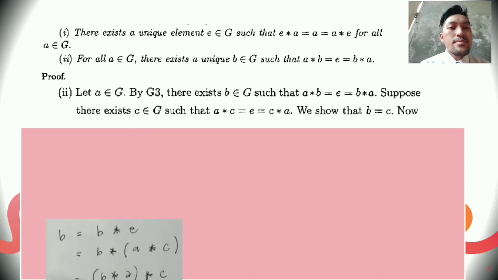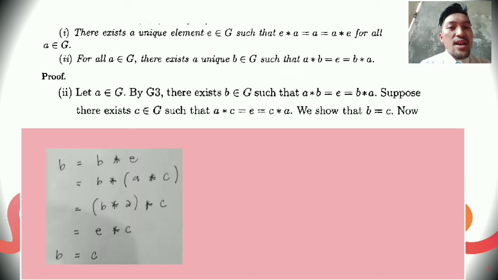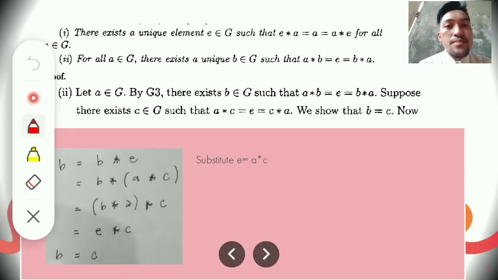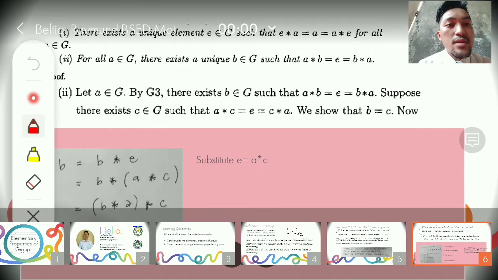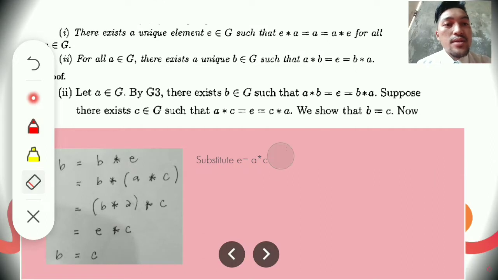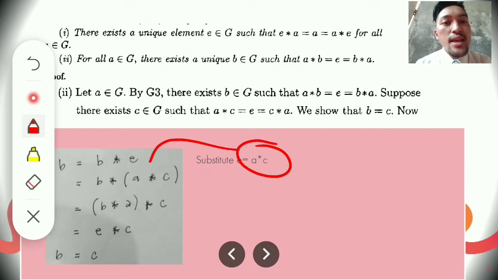Now, b equals b star e. We substitute a star c for e, and then we have b star (a star c).